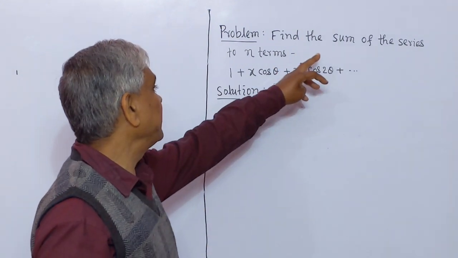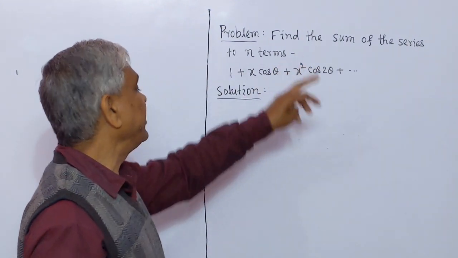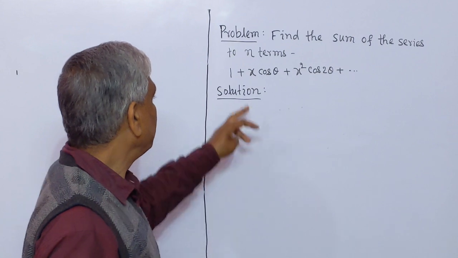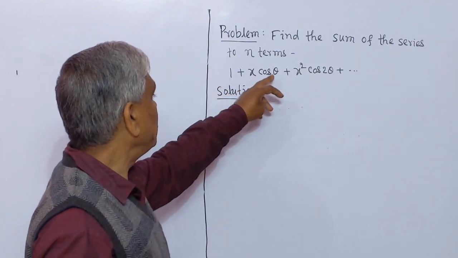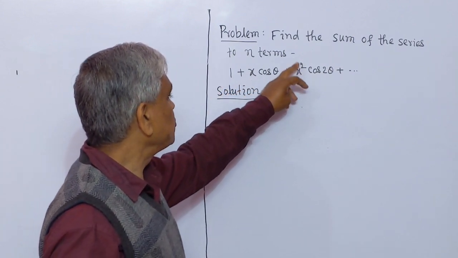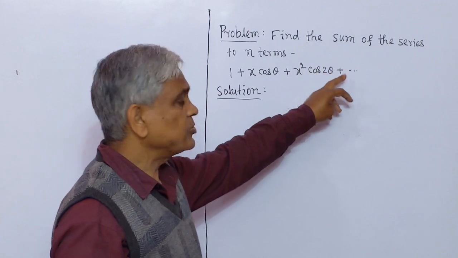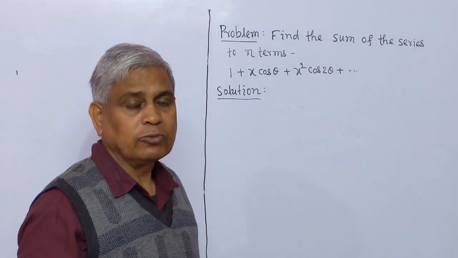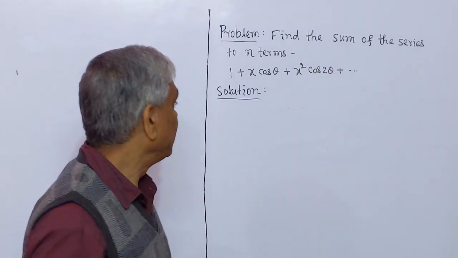Now we solve a problem. Problem is: find the sum of the series to n terms. The series is 1 plus x cos theta plus x square cos 2 theta plus ... Now we solve this.